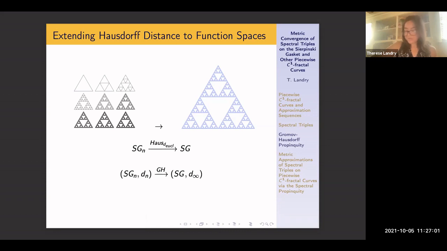So what's a natural function space to consider if you have a compact metric space? Well, that is the algebras of Lipschitz functions.